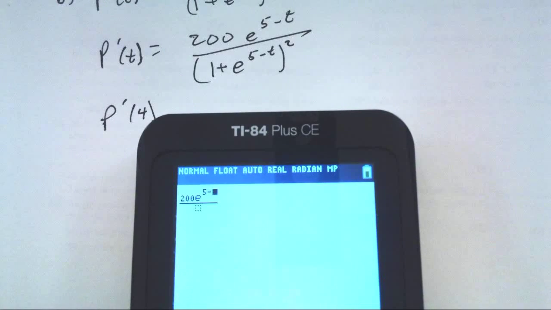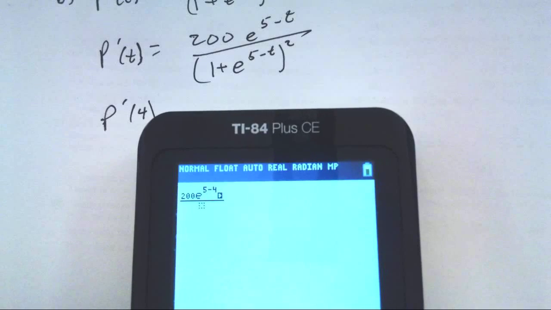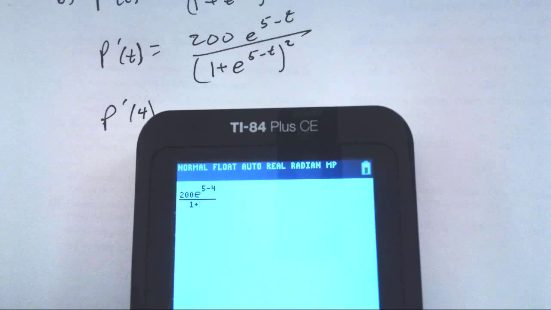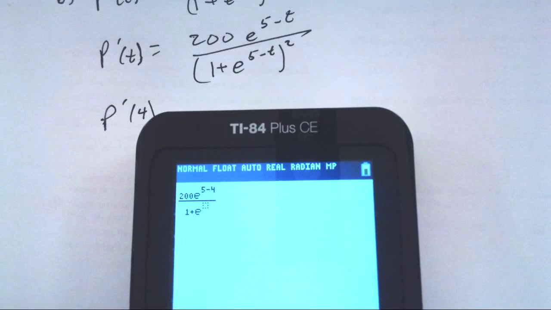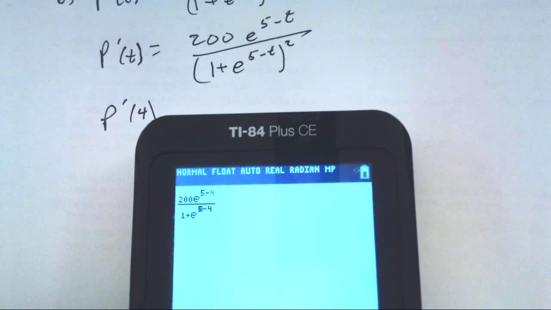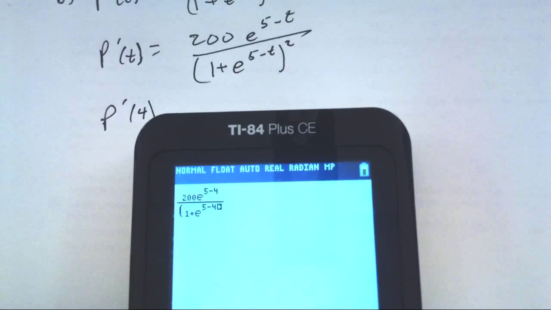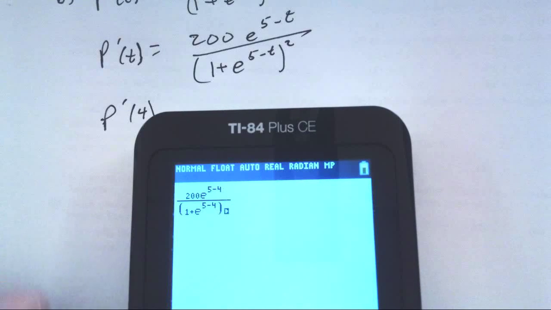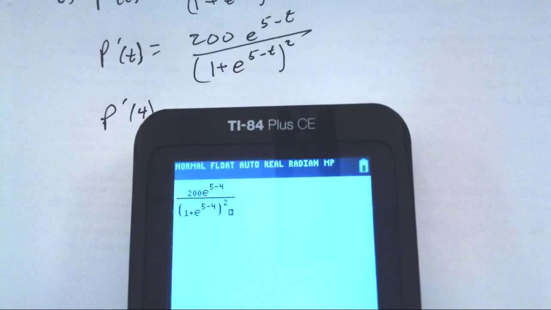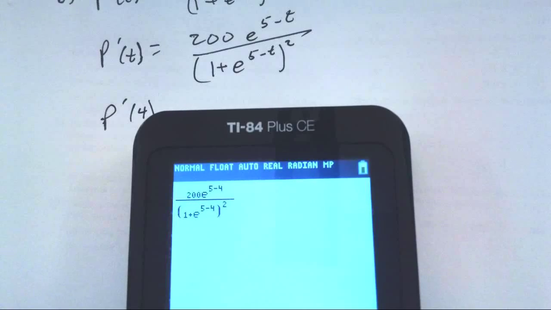We're trying to find 4, so 5 minus 4, all on 1 plus second e to the 5 minus 4. I'm regretting something here. Can I go back in here and second insert a parenthesis, and now I need to raise that to the second down here. Does that look right? 200 e to the 5 minus 4.